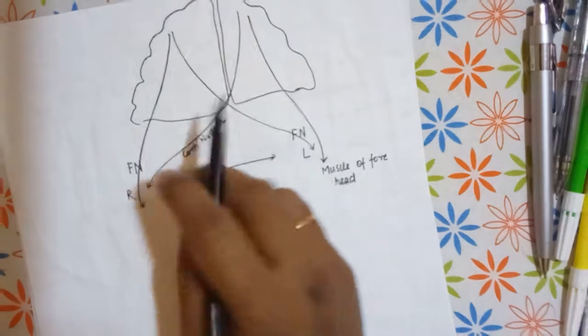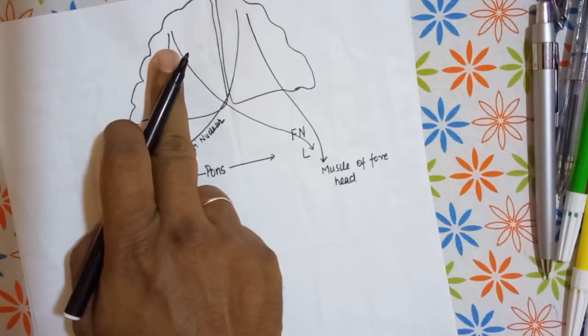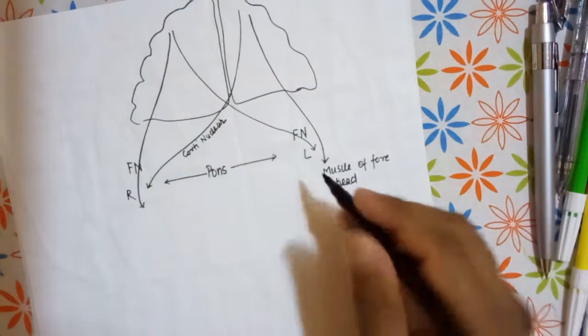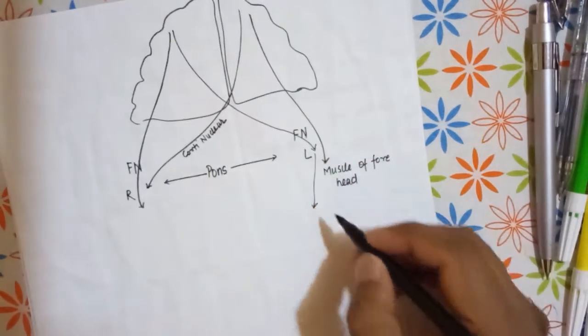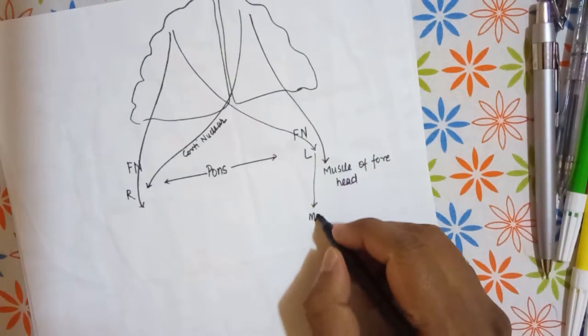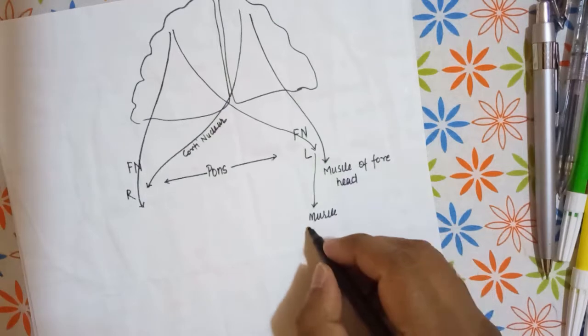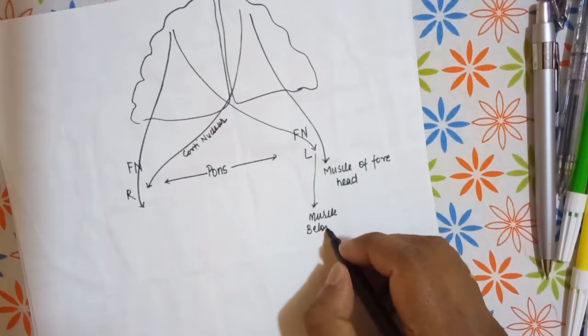Whereas the fibers coming from the contralateral hemisphere are the ones which will cover or control the muscles of the face below the forehead.